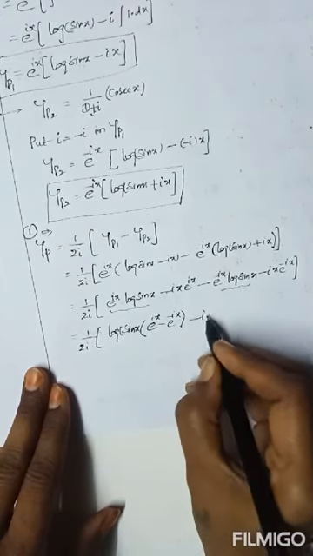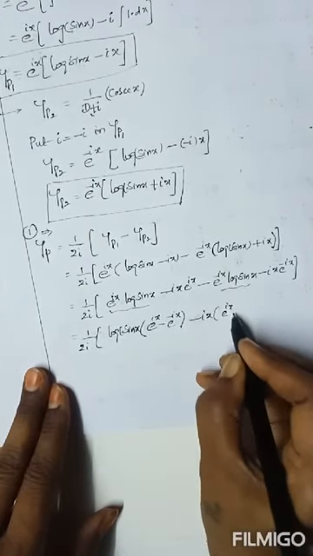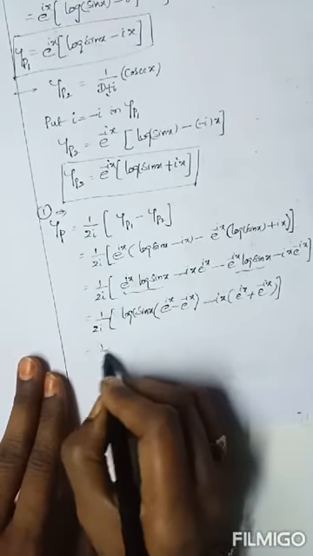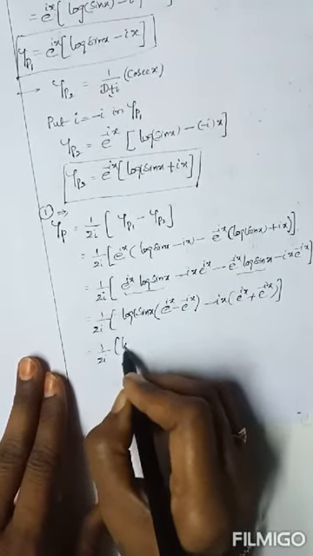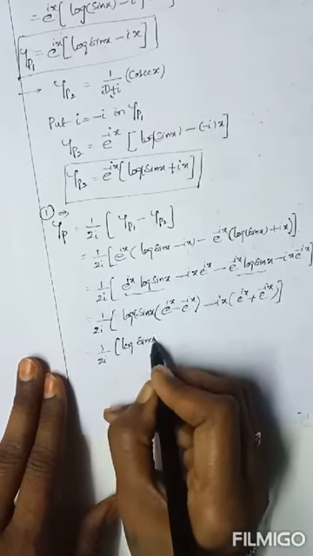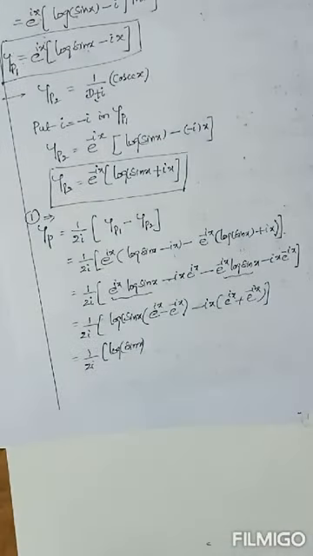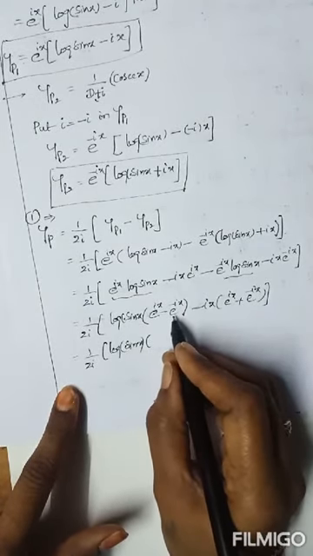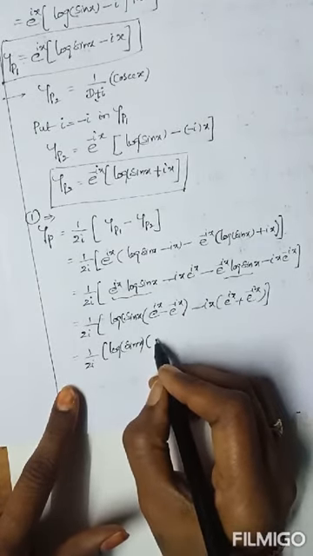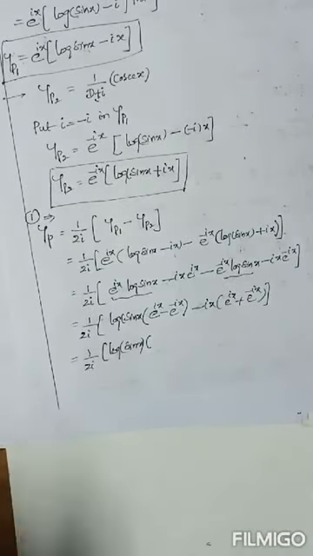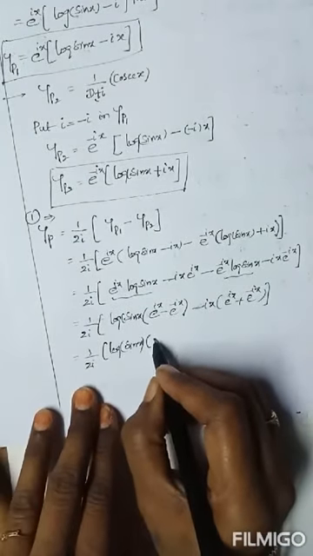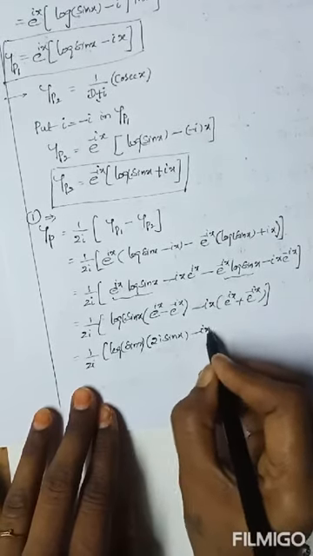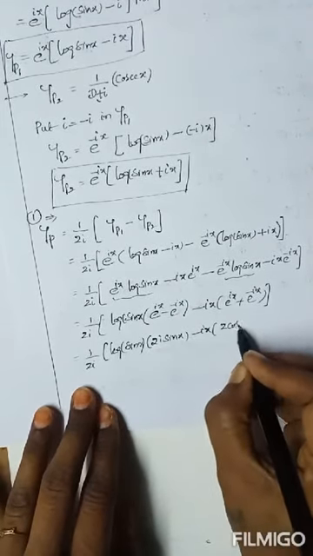From these two, take minus ix as common, e power ix plus e power minus ix. So 1 by 2i into log of sin x. e power i theta minus e power minus i theta can be written as 2i sin theta. Here this is written as 2i sin x minus ix into 2 cos x.